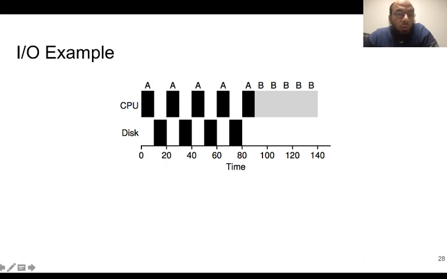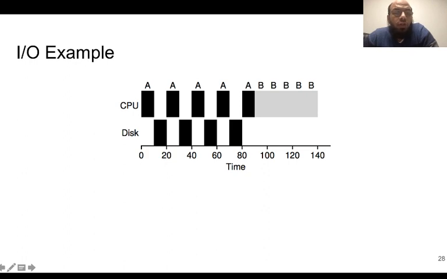So process A blocks on IO at 10 seconds, and then goes to fetch data from disk. And while it's waiting for the data, the processor is just held idle. It's not doing anything.